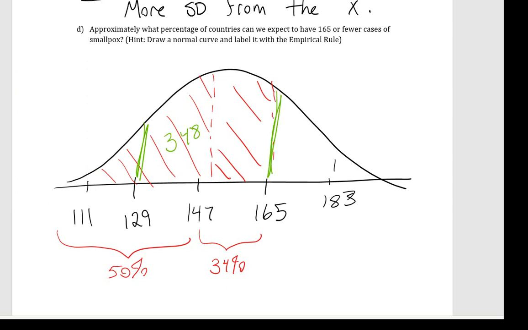So if you take that 68% and divide it in 2, it's going to give you 34% on either side. Now, when we add these two together, we're going to have that 50% plus that other 34%. So we can expect about 84% of countries to have 165 cases or fewer of smallpox.